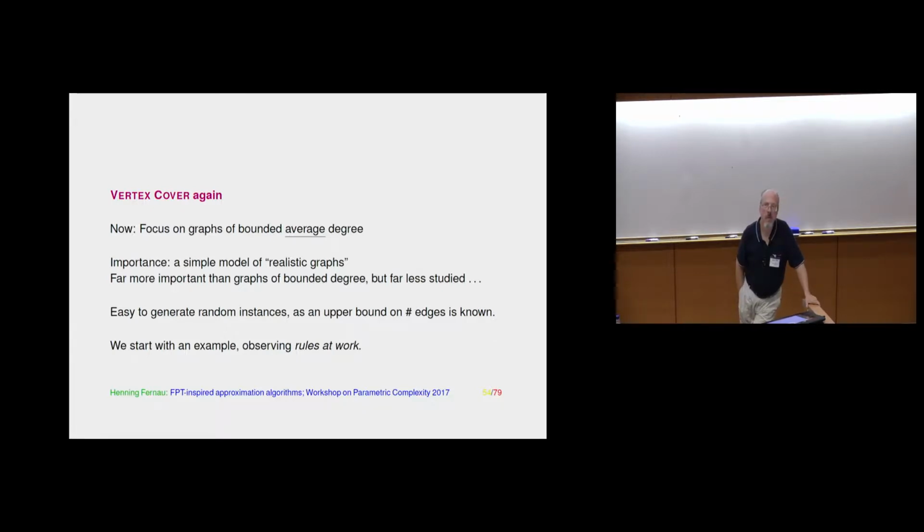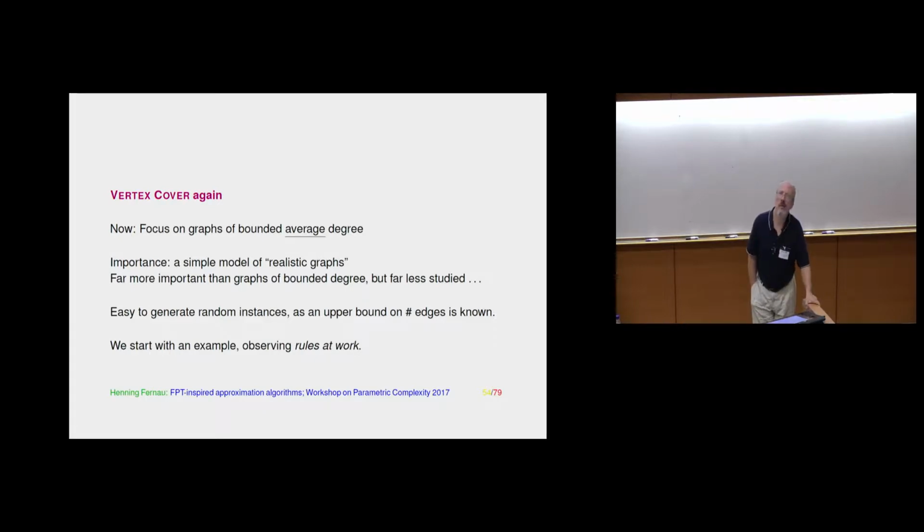So why that? I think, at least, Fedor mentioned this book on sparsity in graphs. Well, bounded average degree is a very simple kind of model in a certain sense to try to say that a graph is not too thick somehow.